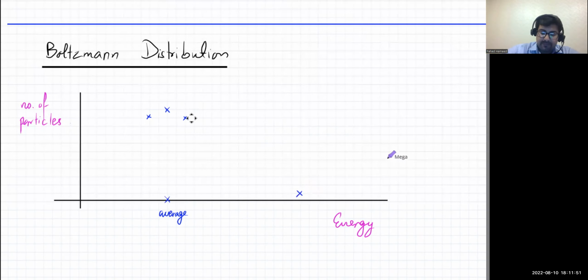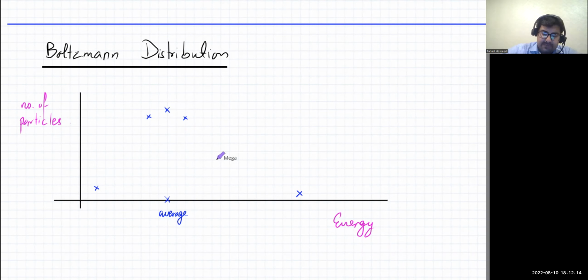The height is the number of particles. Some of them would have very low energy as well, but the number of particles having very low energy is going to be very few as well. So most of the particles will have energy close to the average energy. At very high energy, very few particles. At very low energy, very few particles.